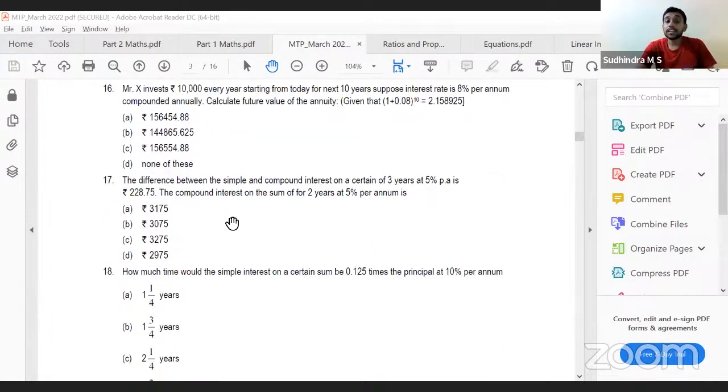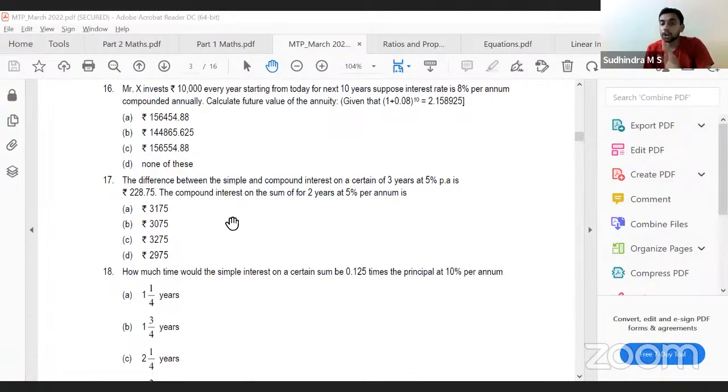Next one: the difference between simple and compound interest on a certain sum for 3 years at 5% per annum is 228.75 rupees. Compound interest on the same sum for 2 years at 5% per annum is?